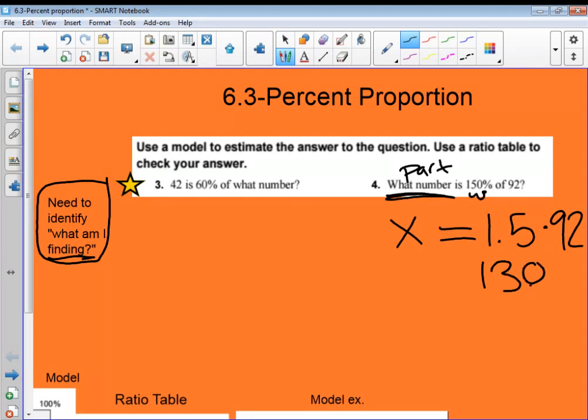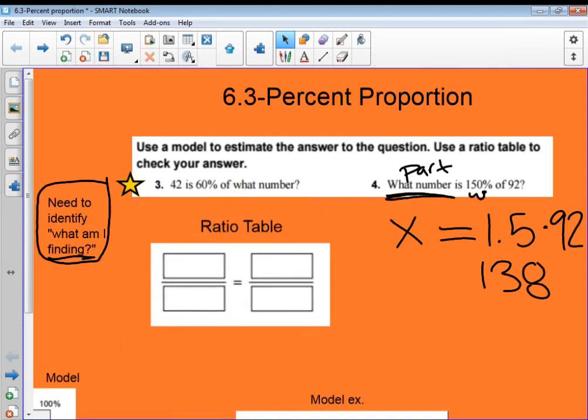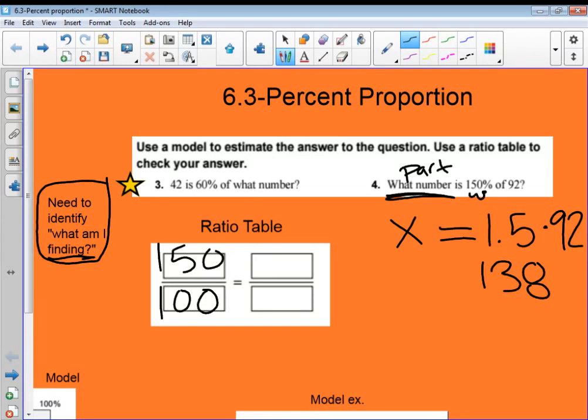So let's double check that to see if it is correct with our ratio table. For my percent, I would take 150 over 100 still. It doesn't matter that 150 is bigger than 100. It's still a percent. It's still over 100. And my part is my unknown, and my whole is 92 because it says "of 92."